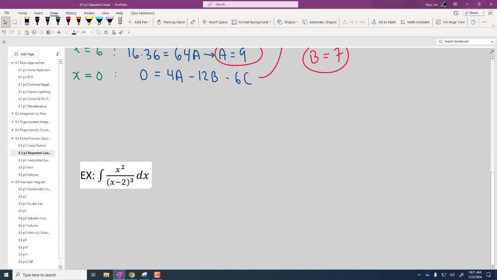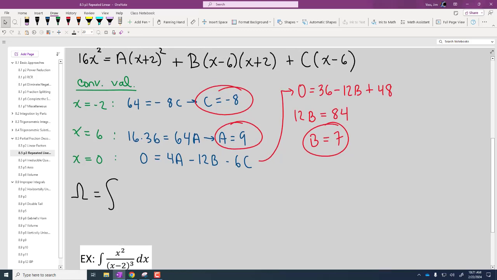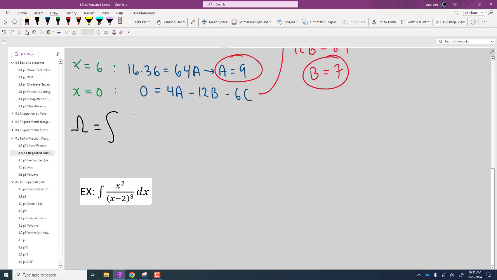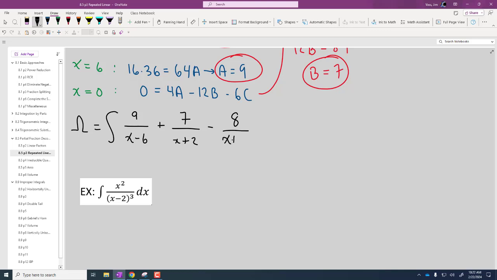The original integral is now going to be equal to the integral of, so we said that a is 9, so it's going to be 9 over x minus 6, and then b is 7, so plus 7 divided by x plus 2, and then minus 8 divided by x plus 2 squared. Oh yeah, that was the repeated one, dx.